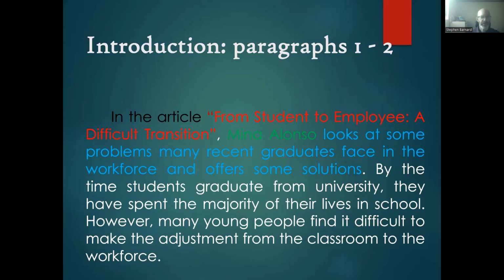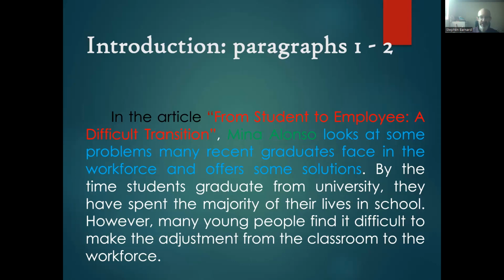In the article, From Student to Employee, A Difficult Transition, Mina Alonso looks at some problems that many recent graduates face in the workforce and offers some solutions. Okay, so we've got the title of the article, From Student to Employee, A Difficult Transition.